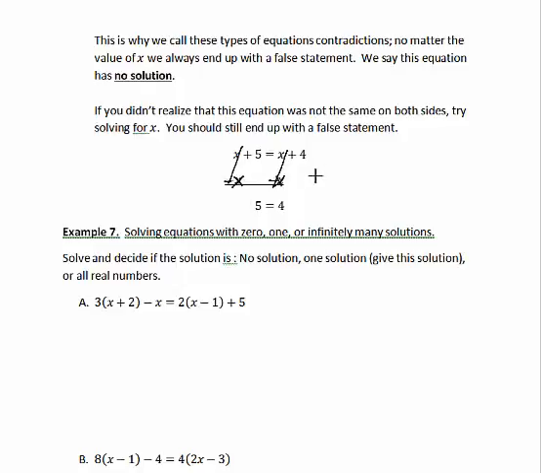There would be no variables left in the equation, and we'd have 5 equal 4. Two numbers that aren't equal. The most important thing to know about this situation is that there is no solution to the original equation. There is no number that we can plug in for x to where the two sides will be equal.